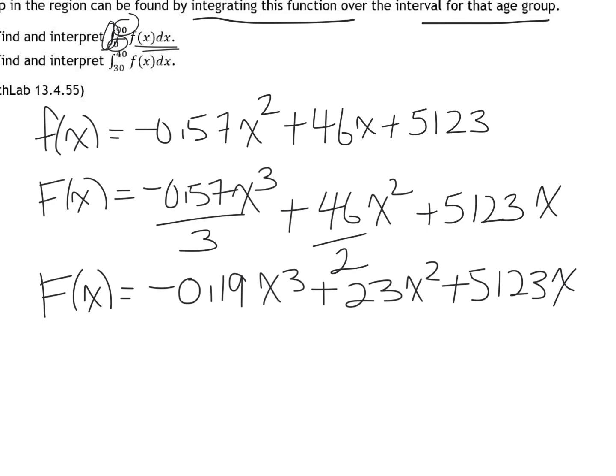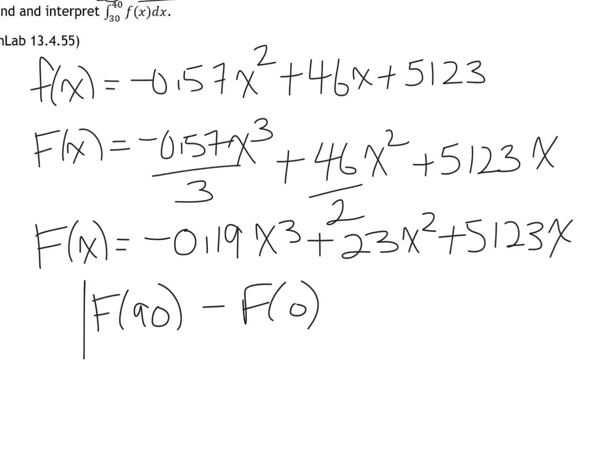We've integrated and now we evaluate. And remember, we were looking for the population of people who are from 0 to 90 years old, right? So f at 90 minus f at 0. We evaluate at 90, we evaluate at 0, and we find essentially the absolute value, or that value of the number of people.